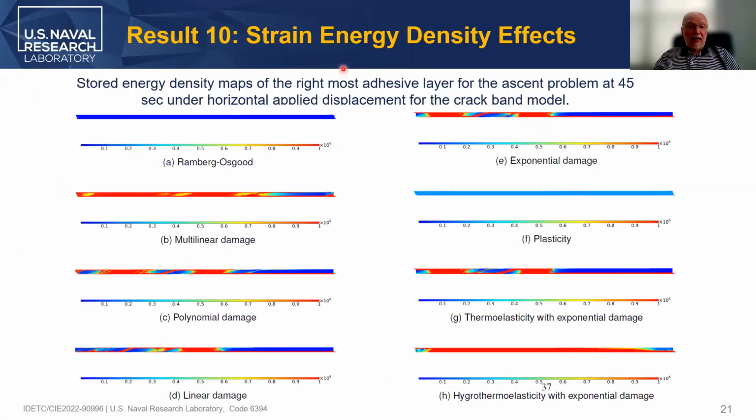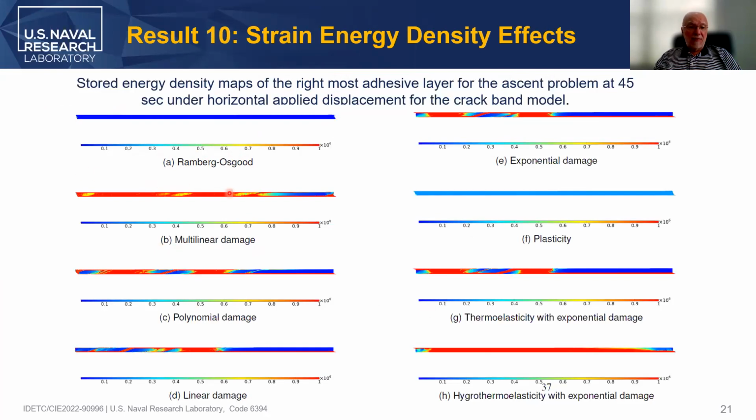Here is really a long list of the localization of the strain energy density for all the physics cases that we've got, including the Ramberg-Osgood plasticity, which clearly doesn't have damage, that's why it's uniform.